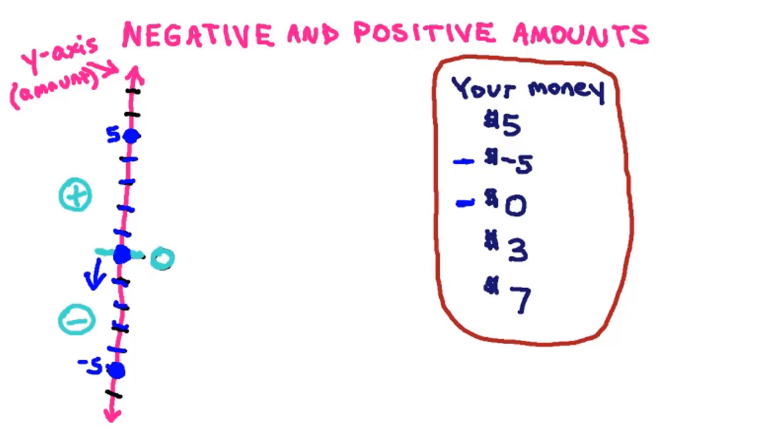Then the next day, somebody's like, oh, by the way, here's $3 for feeding my cat while I was out of town, or for whatever. So you ended up gaining $3. So that's going to be a positive $3. 1, 2, 3. So we're going to put a dot there. And then the last day, you had held on to that $3.